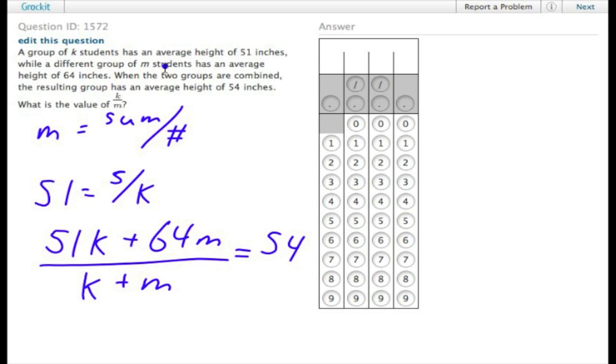So we have this equation here where 51K plus 64M over K plus M equals 54. Now, we multiply each side by K plus M, and we come up with 51K plus 64M equals 54 times K plus M. I'm running out of room there, so I'm going to delete this.